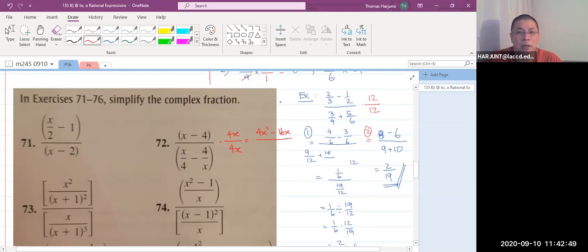On the denominator, 4x times x over 4 is x squared, right?